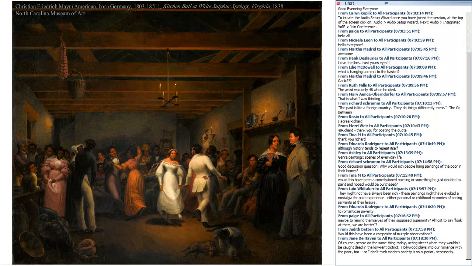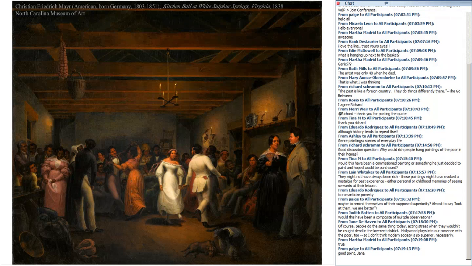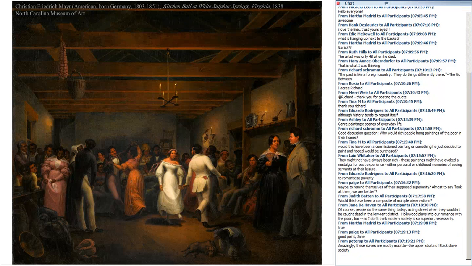This doesn't happen much in American art at this period, because American artists generally adopt the same degree of prejudice and sort of blinders to race as the general population.